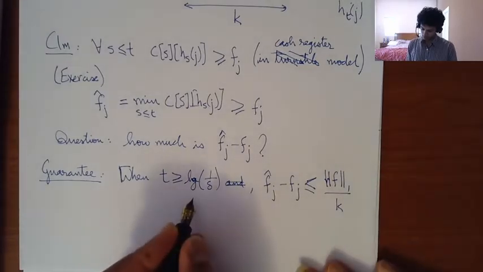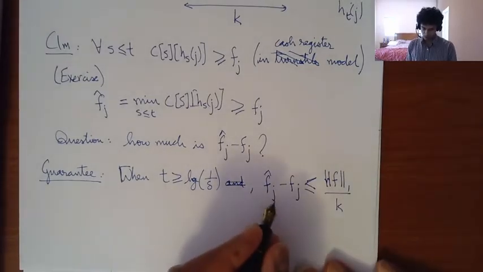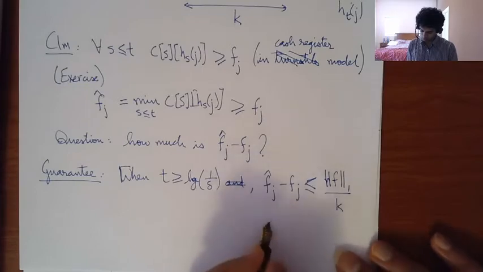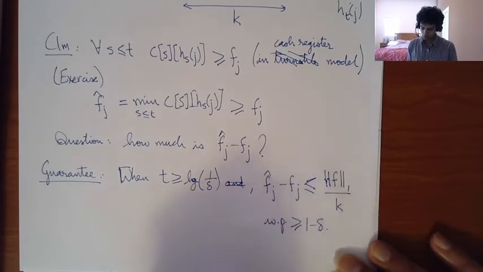Now, formally speaking, what I mean is this will happen with probability at least 1 minus delta.